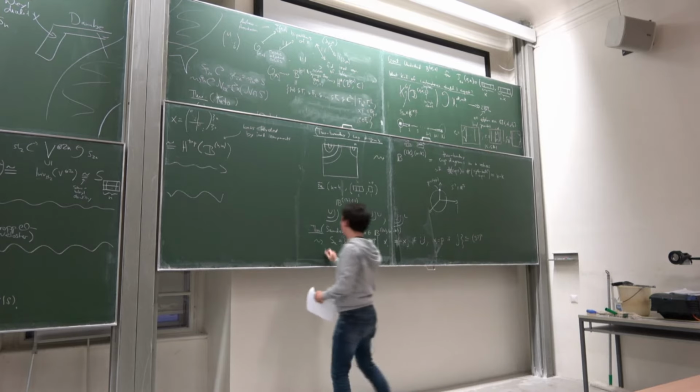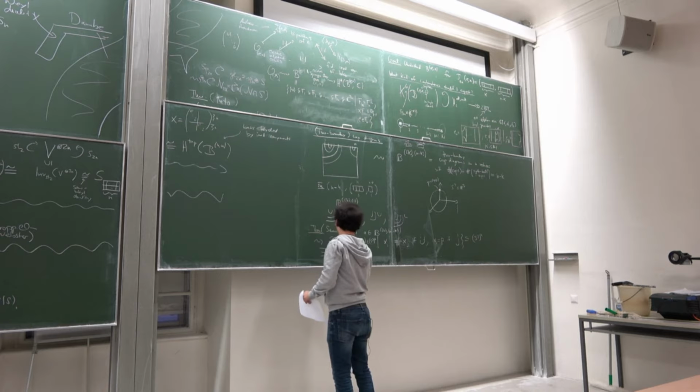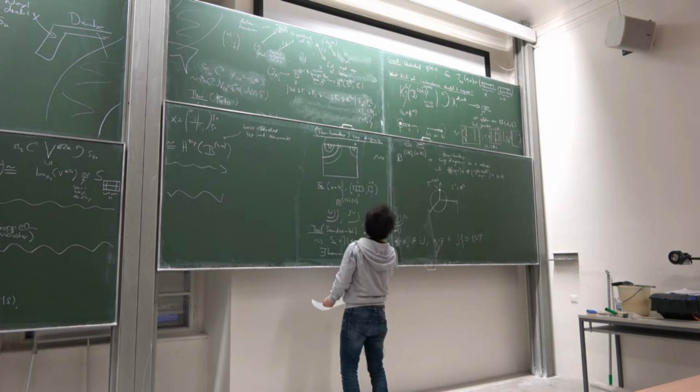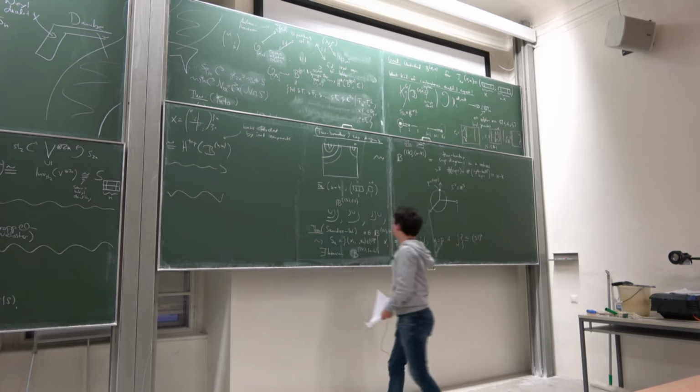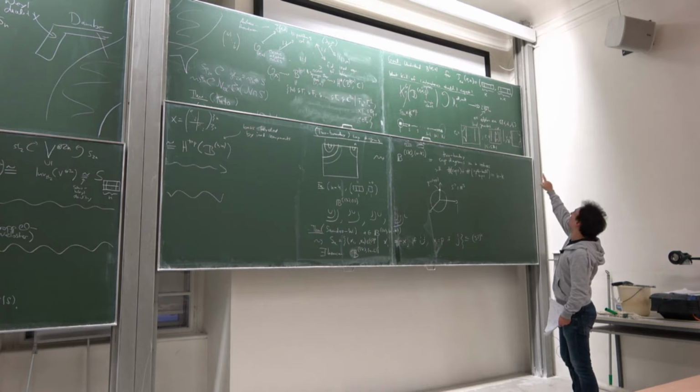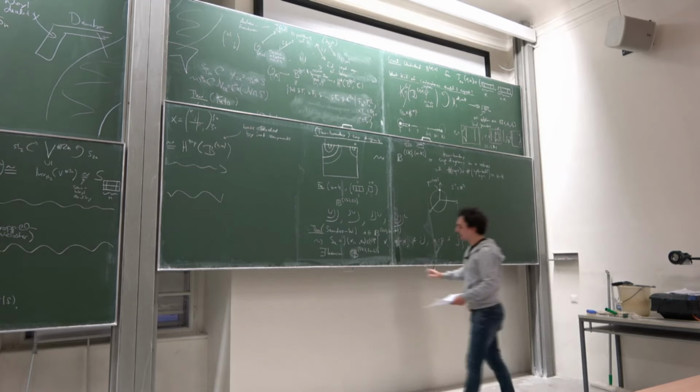Okay, so now the theorem is that there exists a homeomorphism from the Springer fiber B n minus k, corresponding to this orbit above k, n minus k.